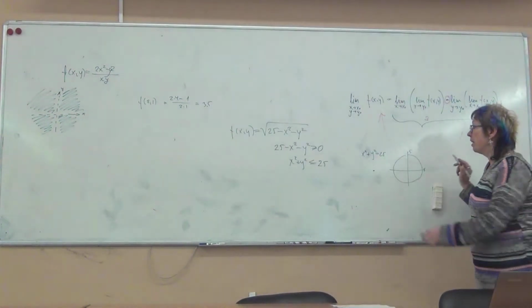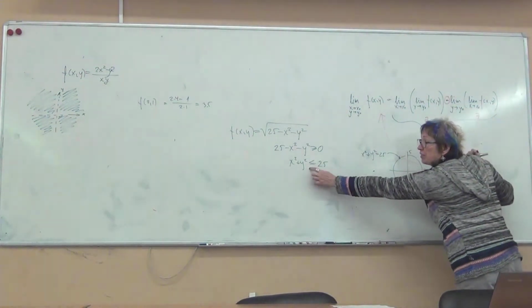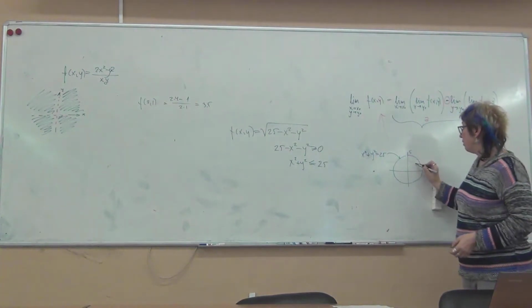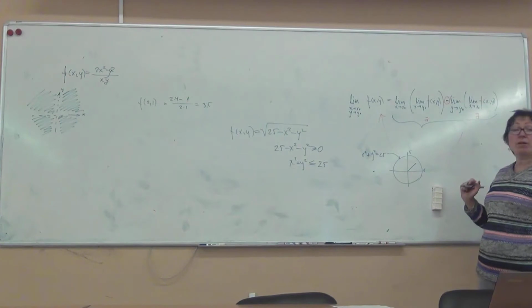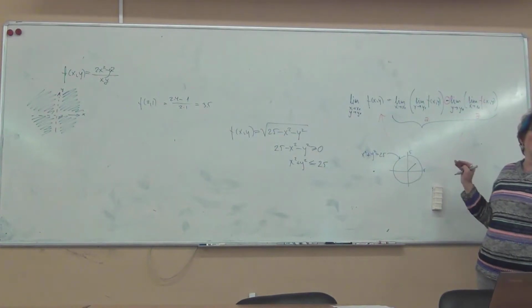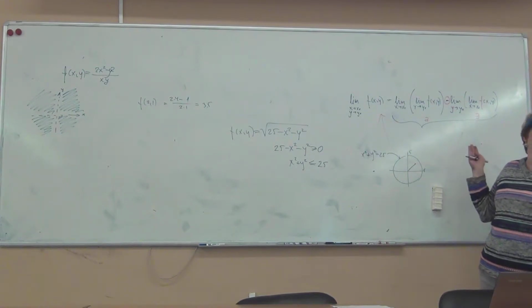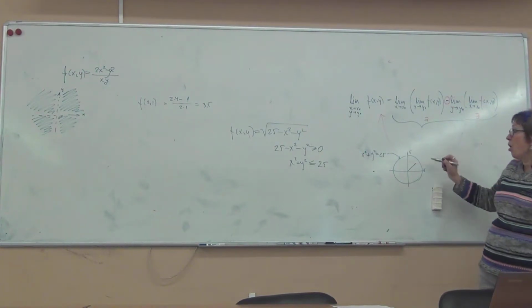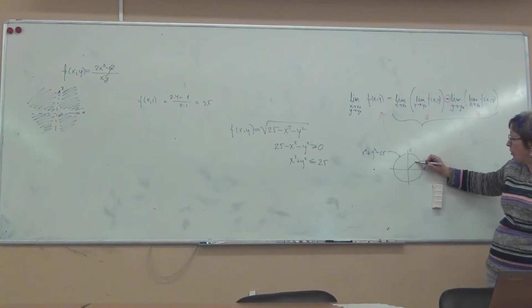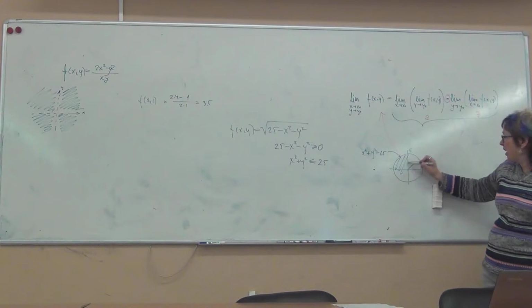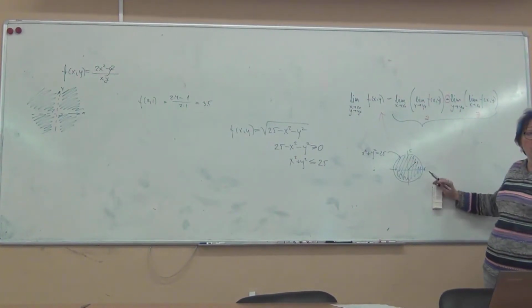Because this is the circle itself, this describes the distance of the point being less than 5. Remember, the distance of a point from the center, remember in vectors, is the square root of x squared plus y squared. So the distance of a point has to be less than 5, which means the point is inside the circle.